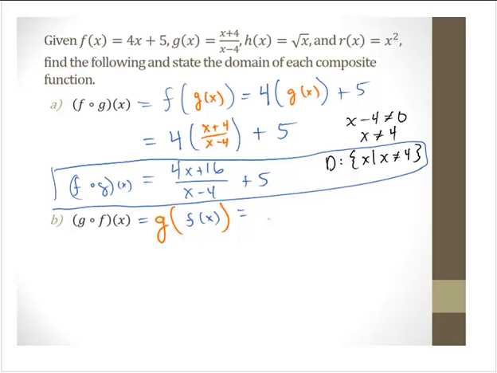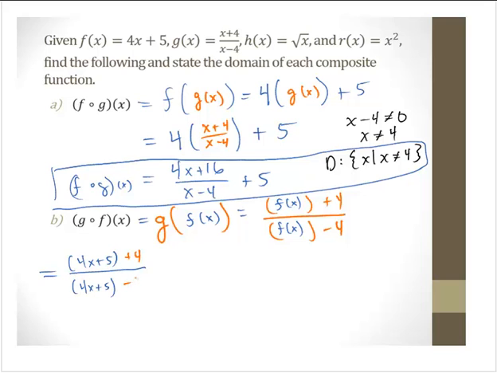So wherever I had the x, I'm going to replace it with f of x. So then this becomes 4x plus 5 plus 4 over 4x plus 5 minus 4.